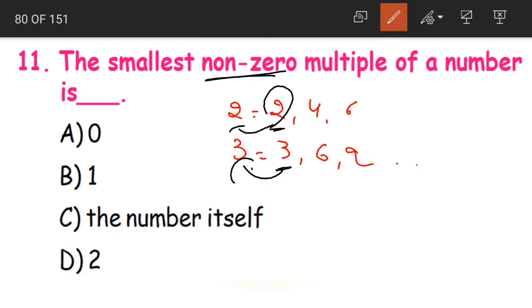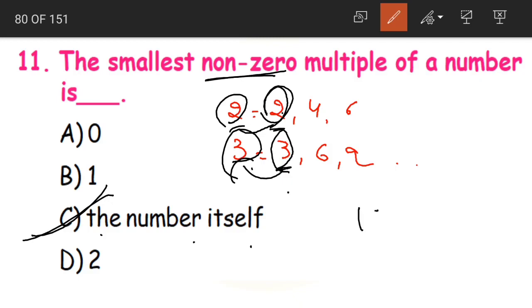Non-zero means the number should not be 0. Yes, 2 and 3 are both non-zero numbers. So from this, what we can observe is that the smallest non-zero multiple or the smallest multiple for every number will be the number itself. So option C, the number itself becomes the correct answer.